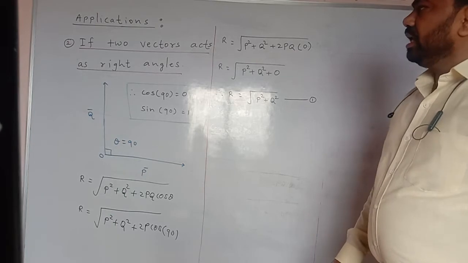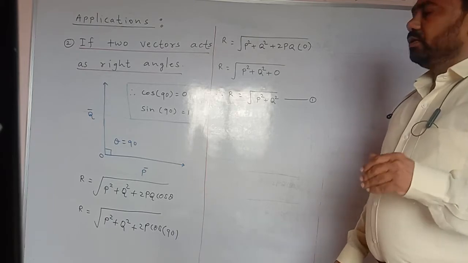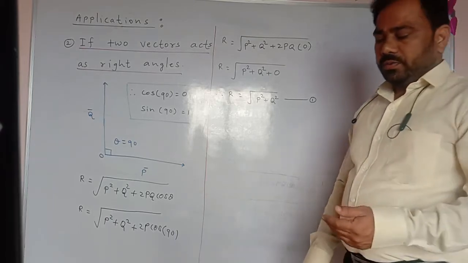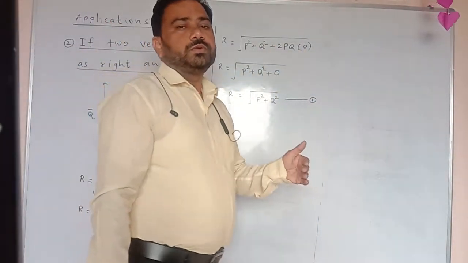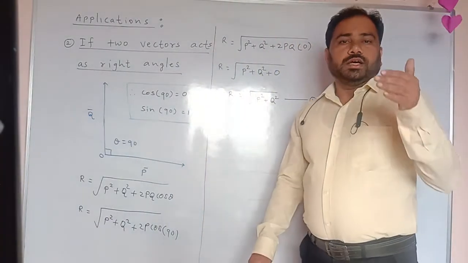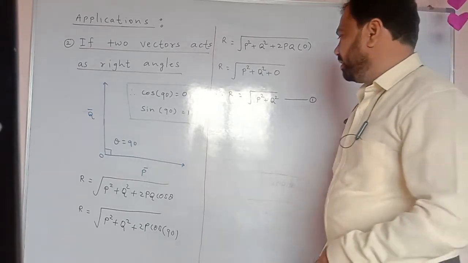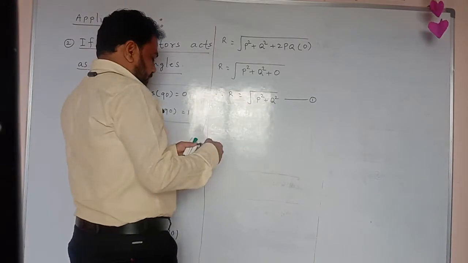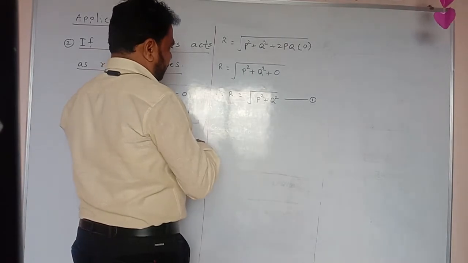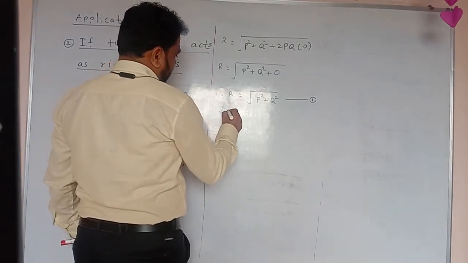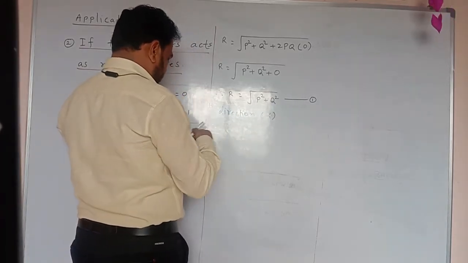Okay. Now after finding the value of the resultant, we have to move towards the direction. How can we find the direction of these two vectors which are perpendicular to each other? What is the formula to calculate the direction? We are familiar with the formula. For direction, we use the notation alpha.